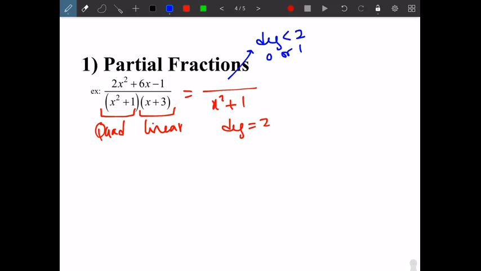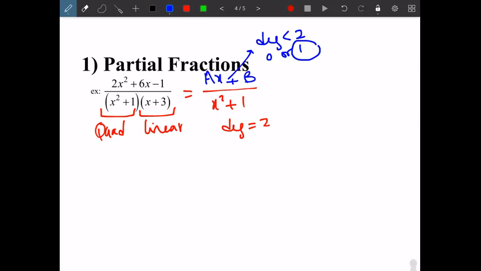So since I don't know whether it's constant or linear, it could end up being either one of them. So for that reason, I end up considering, as for the numerator, the one with the highest possible degree, which is linear. So the numerator here is in the form ax plus b.